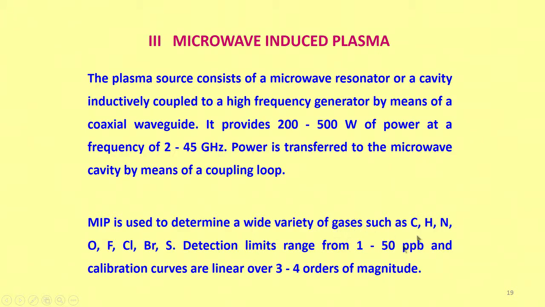And so, the gases are carbon, hydrogen, nitrogen, oxygen, fluorine, chlorine, bromine and sulfur, etc. Not all of them, because mostly gases in the periodic table can be analyzed using microwave induced plasma. So, the detection limits again are 1 to 50 ppb of the gas elements, and calibration curves are linear over 3 to 4 orders of magnitude.